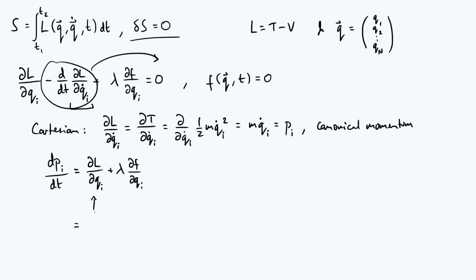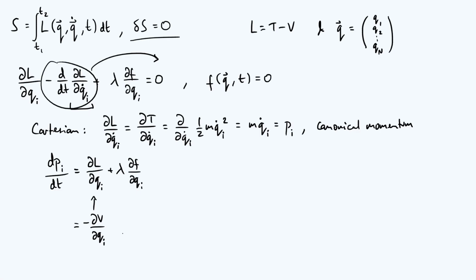So dL by dq_i is minus dV by dq_i, which is the derivative of the potential in the i direction, which again, if your q's are Cartesian coordinates, is the gradient of the potential in a particular direction, which is the force.